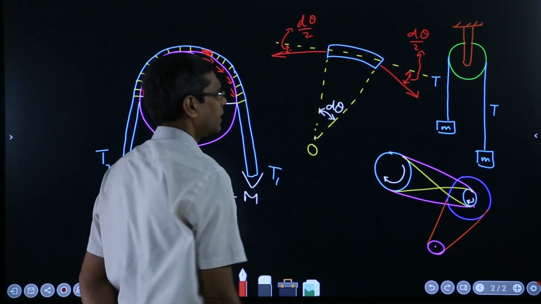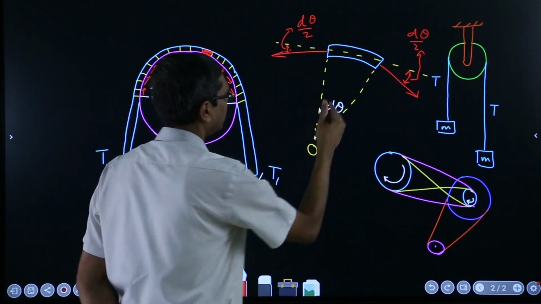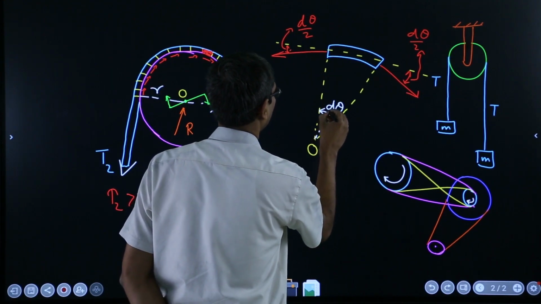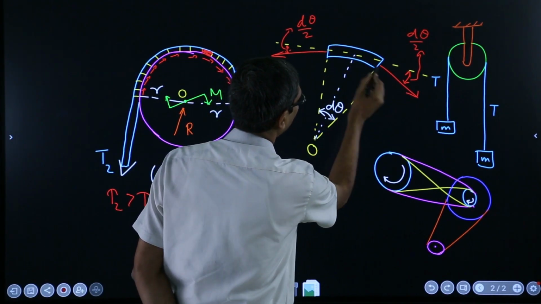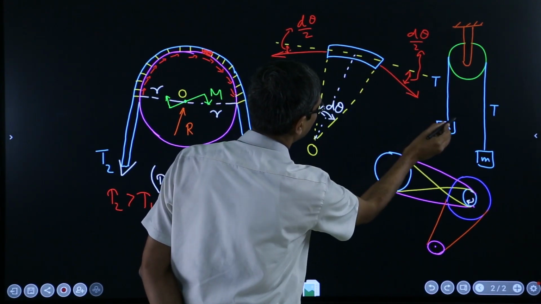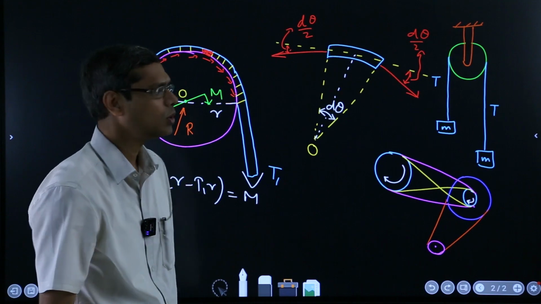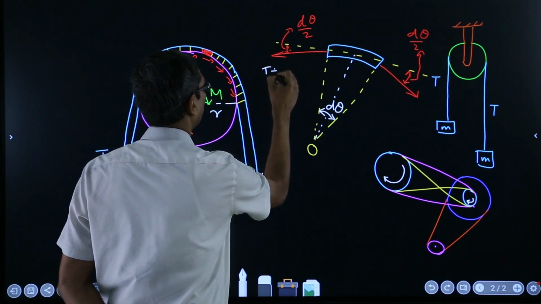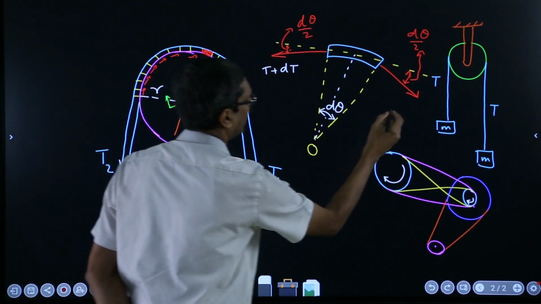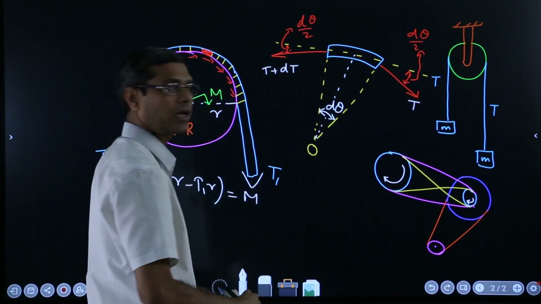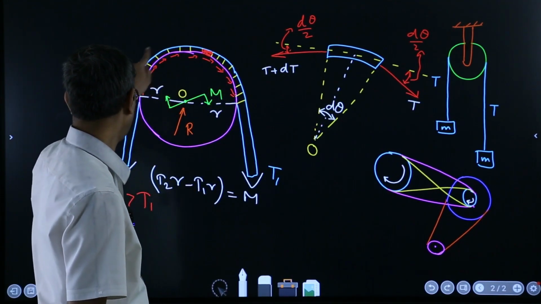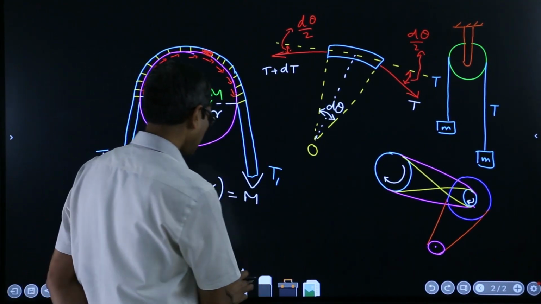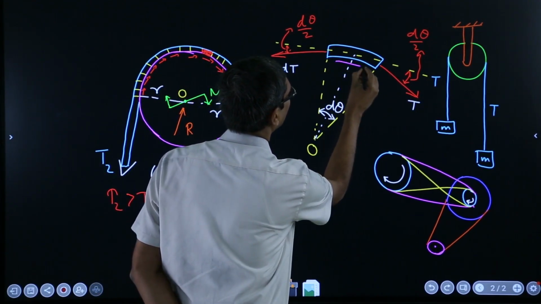So at this location, if I draw like this, you can realize what's happening. This angle is d theta by 2 and this is d theta by 2, and this one is T plus dT, and this is T. We are considering this way of slipping, that is T2 is more than T1, and that means the frictional force will be acting in this direction.